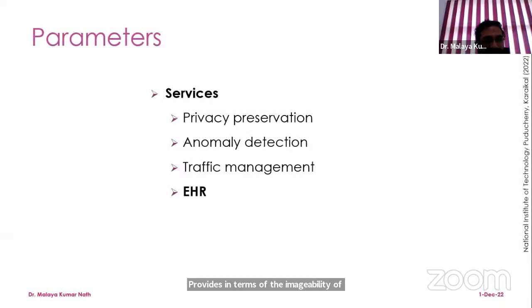Next are the services. If we come to these services, there are privacy preservation, anomaly detection, traffic management, as well as electronic health records. We will talk much about electronic health records because we will discuss these applications in more detail.